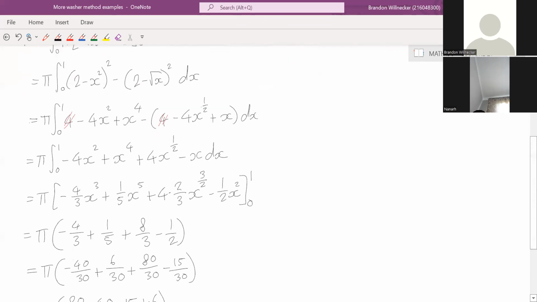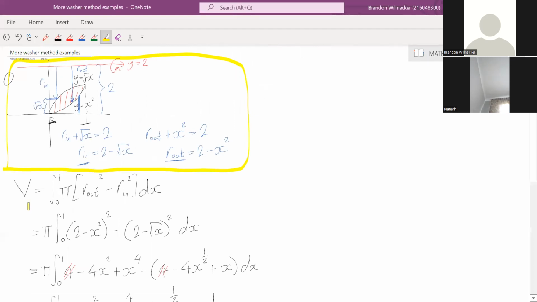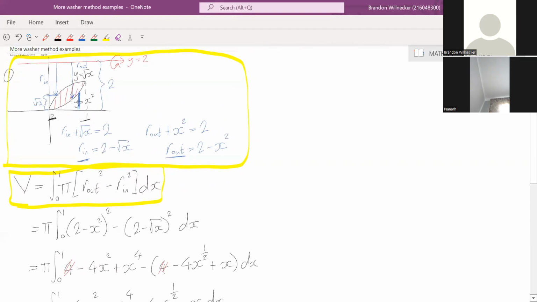Okay, but like I said before, once you've done this first part here in yellow, then the rest is just simple integration. So the key idea here is to find the inner radius and the outer radius. You substitute that into our formula, and then the rest is just integrals. Very simple integrals here.